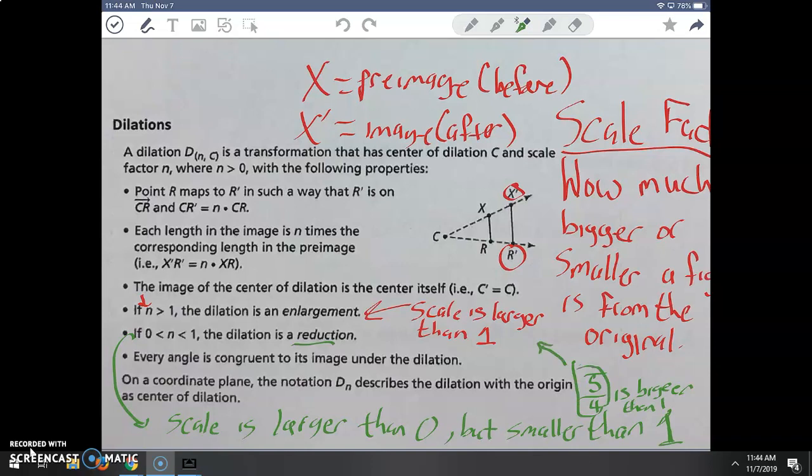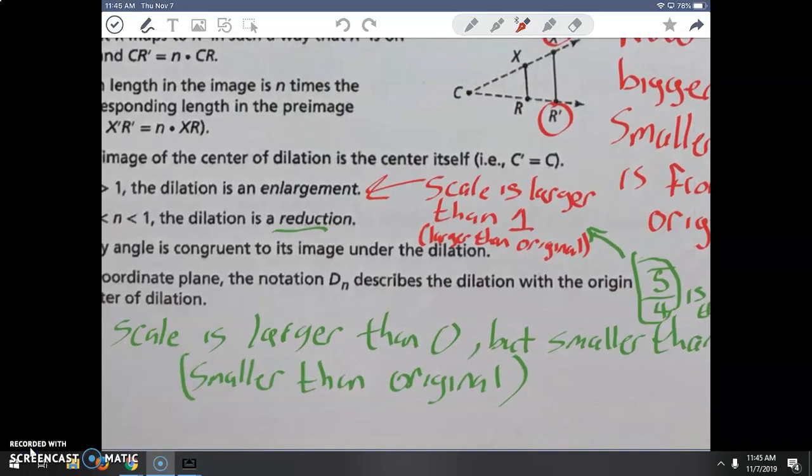But when you have something that's bigger than 0 but smaller than 1, then you have what we call a reduction, which means your new figure is going to be smaller than your original figure. So that's something to possibly think about as well. I put in green down here, smaller than original, and that's dealing with the reduction.